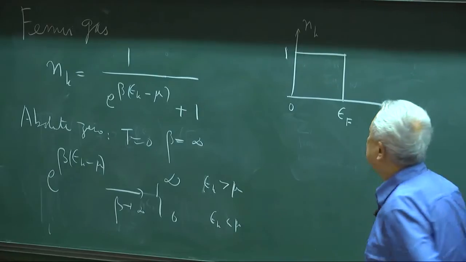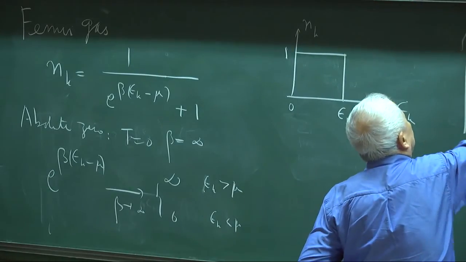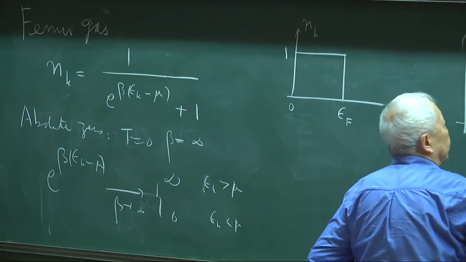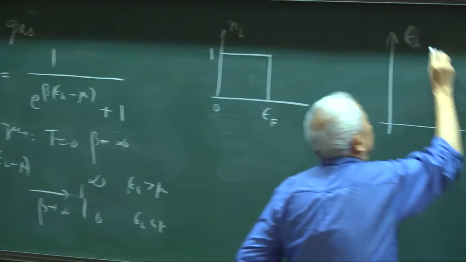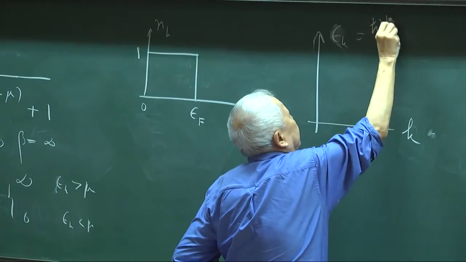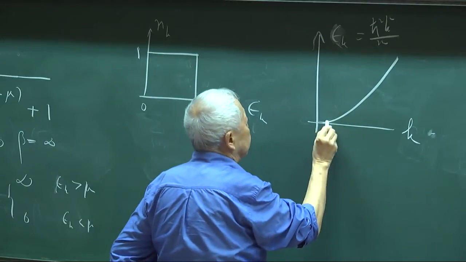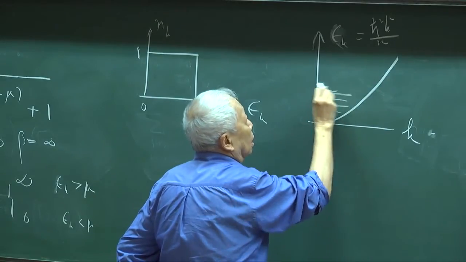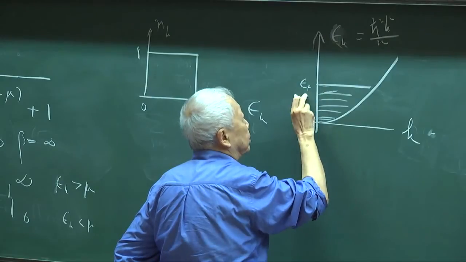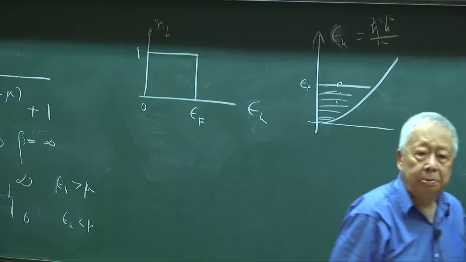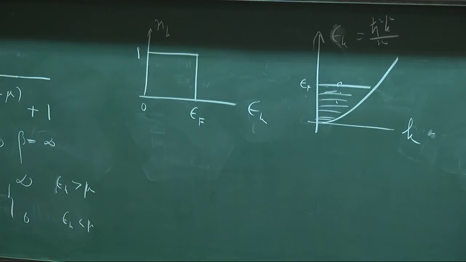And this is very simple. It just means that epsilon_k as a function of k, which is h bar squared k squared over 2m, is a parabola like this. This just means that all the states up to some epsilon, E_F, are occupied, and all the others are empty. This is the Pauli principle. Each level holds one particle. Now, if the particle had spin, each spin would count as a separate Fermi gas.